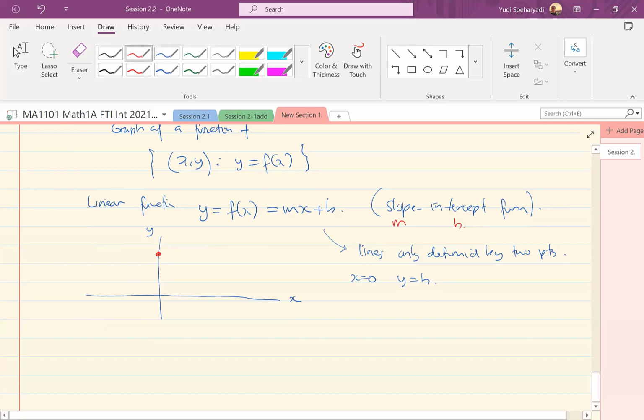This is what you call the intercept. Okay, so here is the y-intercept. Okay, so that's why it's called a slope intercept, because b means the point here. For b positive, it is above, and b negative, that's below the x-axis.